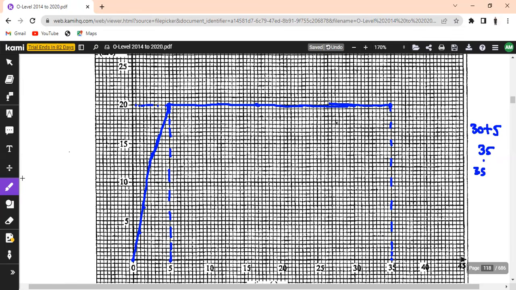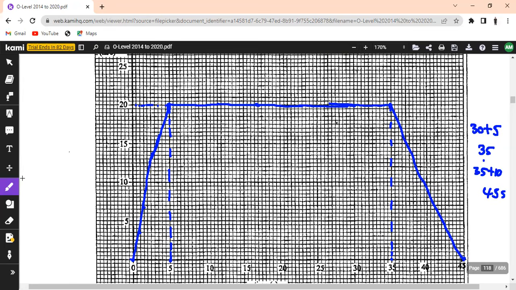So if we add 10 seconds to 35, we are going to be at what? At 45 seconds, but now at 0. So here your velocity is at 0, but you are now at 45. So you're going to join from this point until you reach what? At 0. So that's it, guys, until we reach a 0 here.